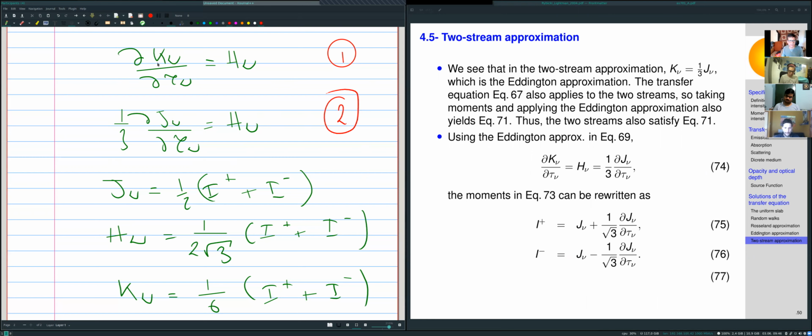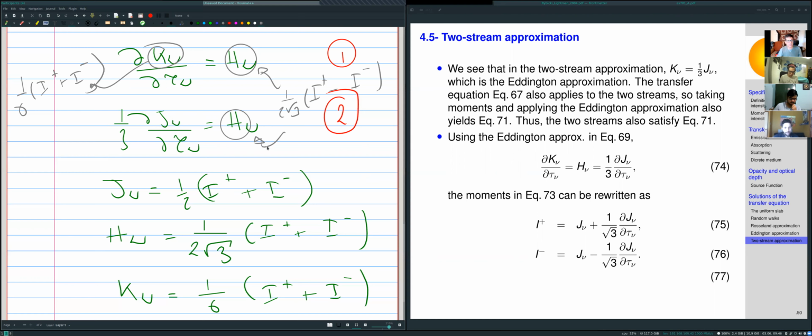Okay, basically I have replaced this one with 1/6 (I plus I minus), and that one with 1/2 square root 3 (I plus minus I minus), okay? And here too.